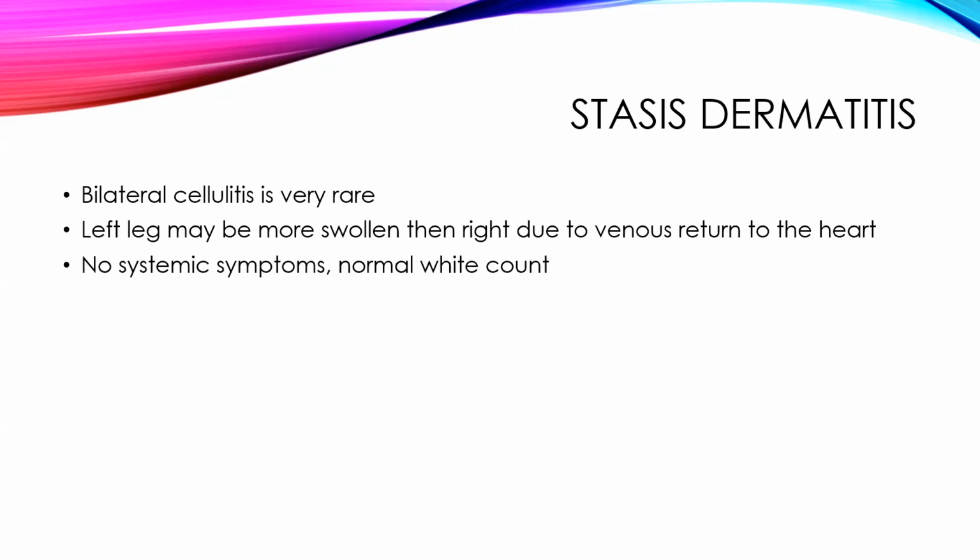So they're not acting sick, and they don't have any markers of illness in their blood work, okay? You also probably need to think about getting a good history, and that this patient may have a history of swelling of the lower extremities, and that they may have had some redness or itching in the past, okay?